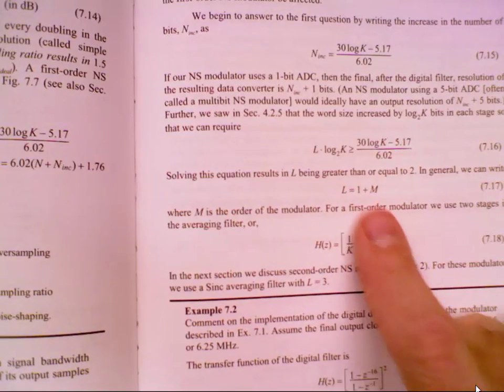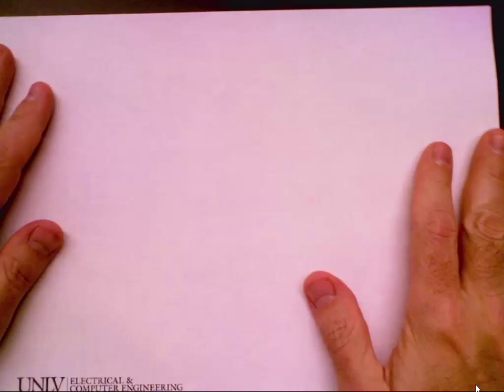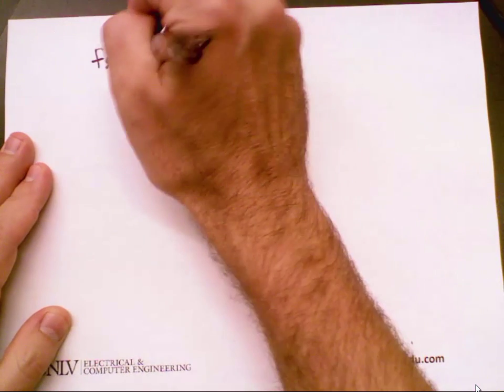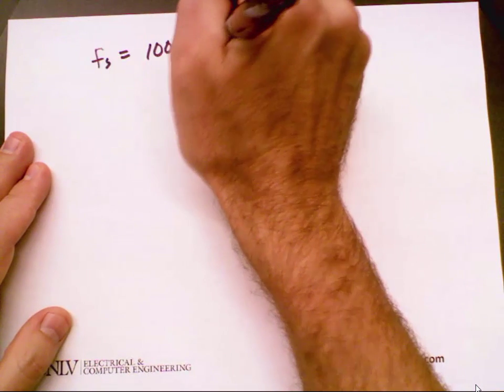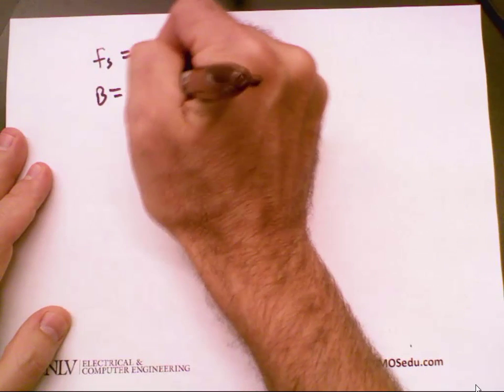Okay, so let's throw some numbers in, just to make sure it's clear. How was that? Too much PowerPoint? Now back on the pencil and paper. Let's say that we have a sampling frequency of 100 megahertz, and let's say we need a bandwidth B of 6.25 megahertz.